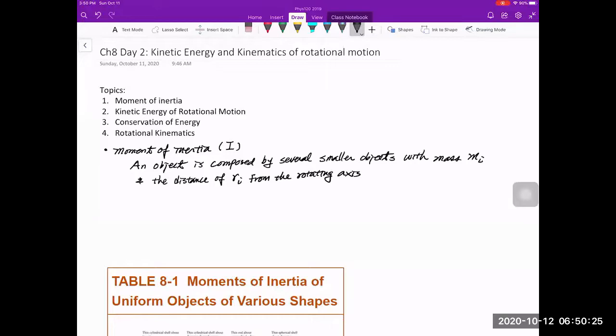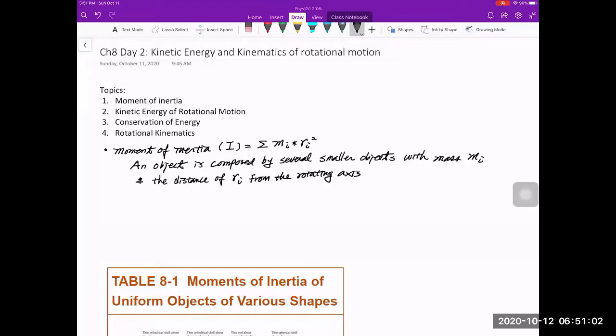And we define R_i to be the distance from the object to the axis of rotation. If this is the case, then we can write the equation to calculate the moment of inertia of this object. This I here is simply equal to the summation of m_i times R_i square.